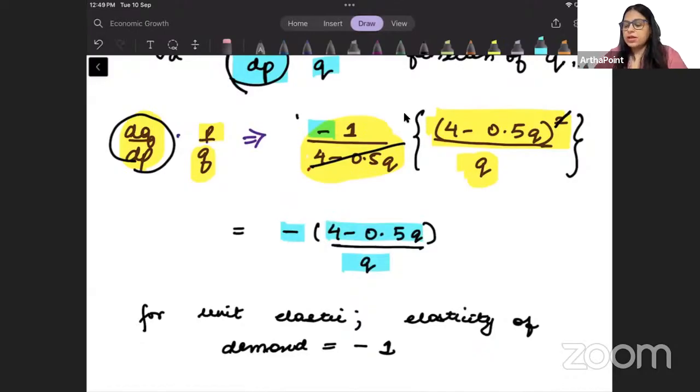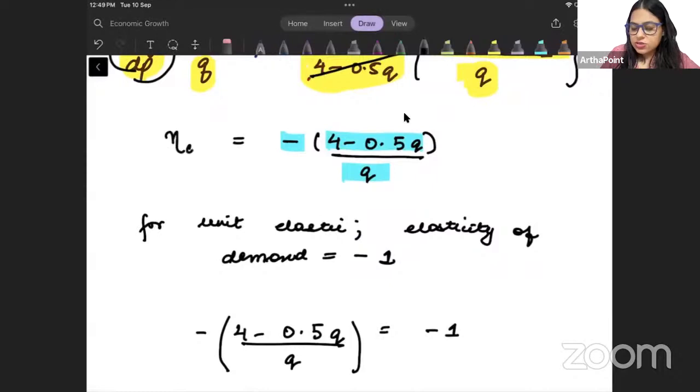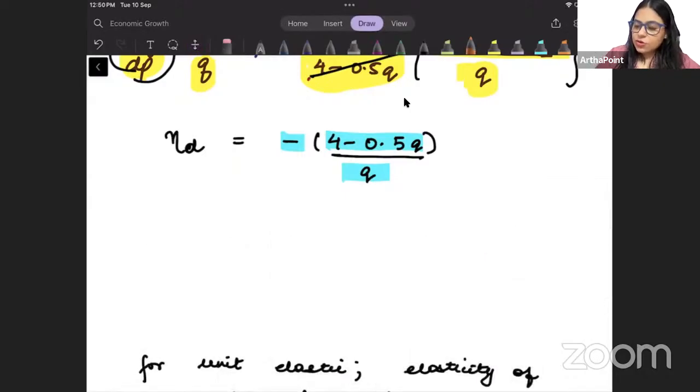Clear? Now, very, very important. So this is my elasticity of demand. Now it is asking for what quantity the elasticity of demand is unit elastic. As I told you, there are two ways to find out for what quantity it is unit elastic. The first method is that you equate elasticity of demand to -1 directly.